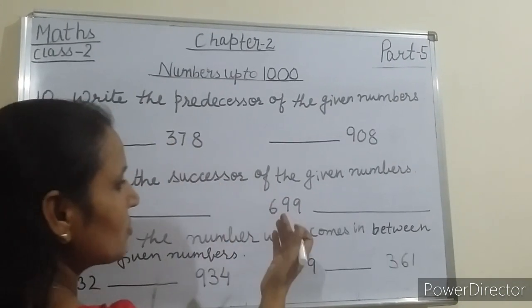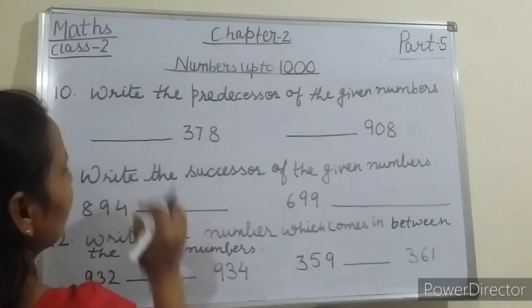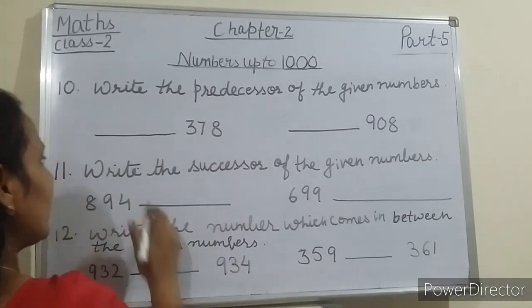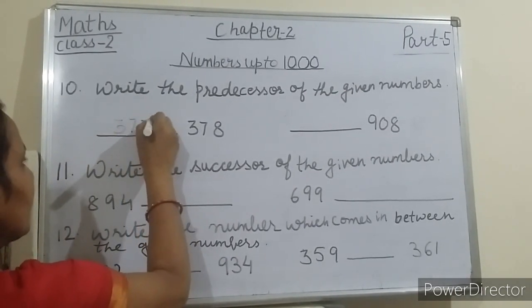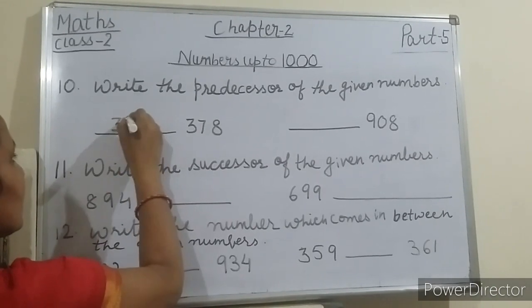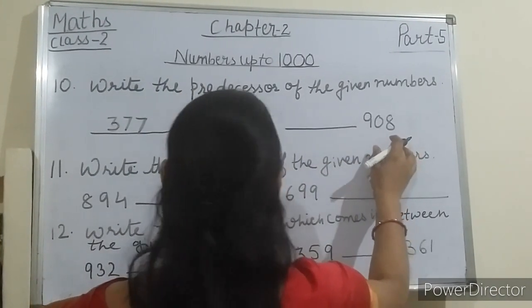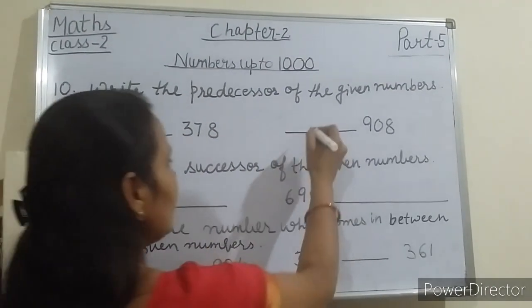Yes, minus 1, or just before the given number. So what comes just before 378? Very good, 377. And here 908. So what comes just before 908? Very good, 907.